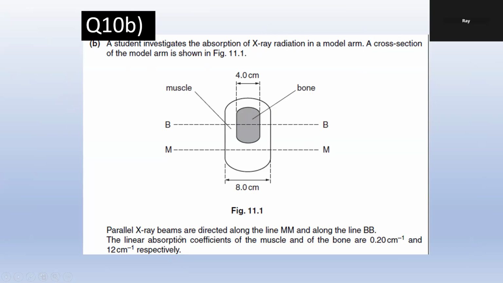Parallel beams of X-ray are directed along the line XX and along the line BB. The linear absorption coefficient for the muscle is 0.2, and this is for the bone. Bone tends to be larger.